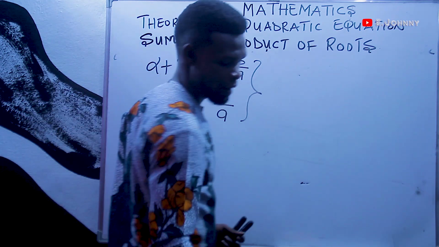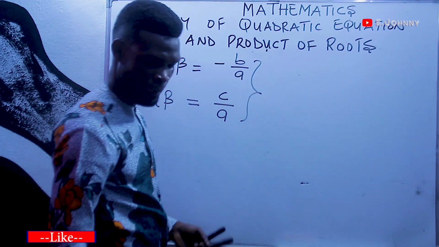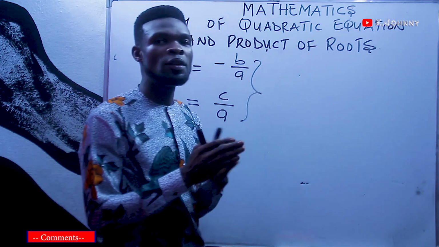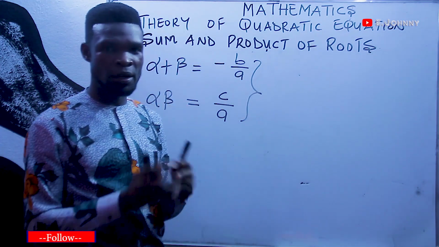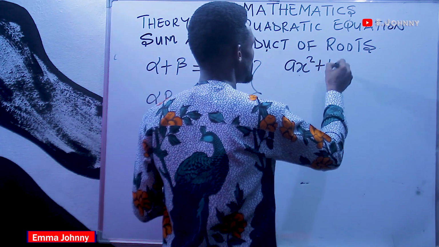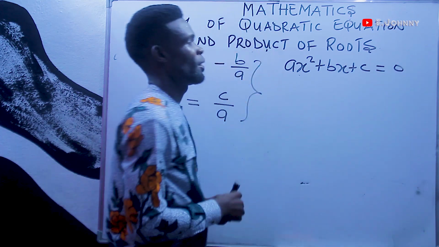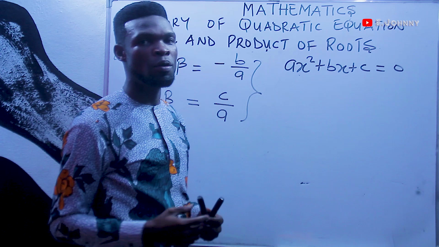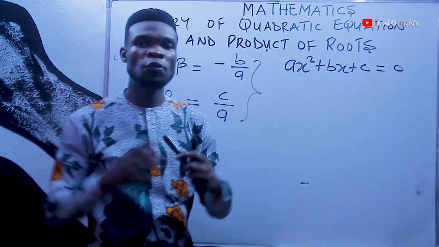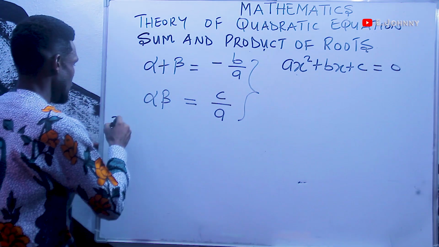Let's see what I have. Now, if you can recall that the general form of a quadratic equation is always ax squared plus bx plus c equals to 0. Then you can also recall that there's a formula for forming a quadratic equation, which I showed us.